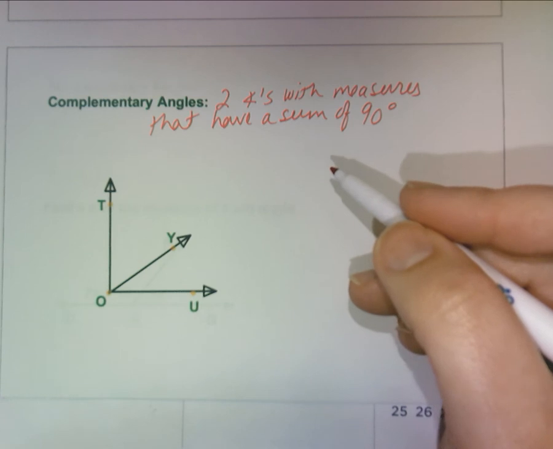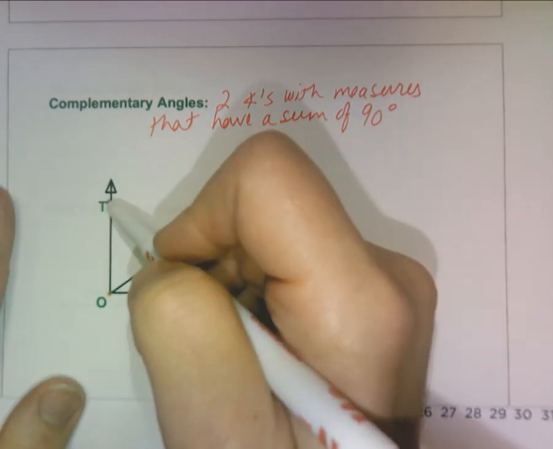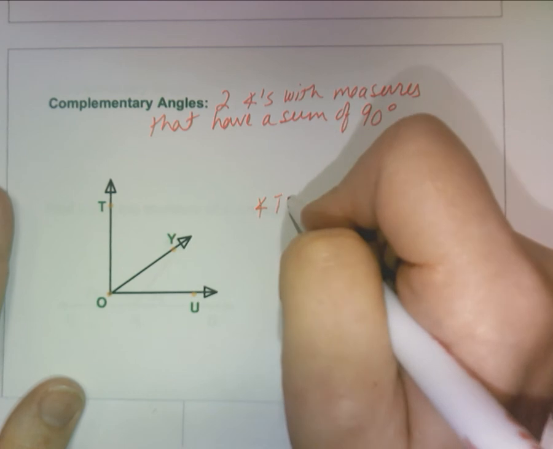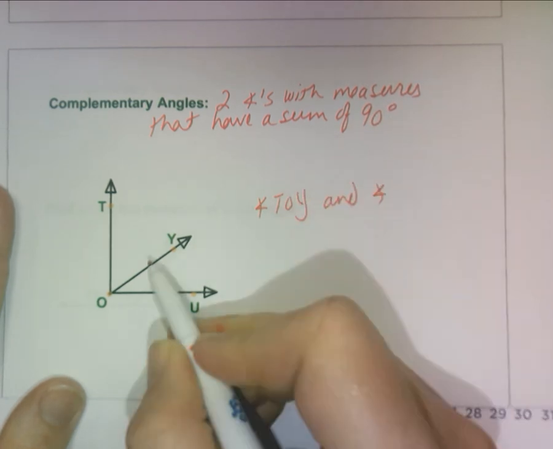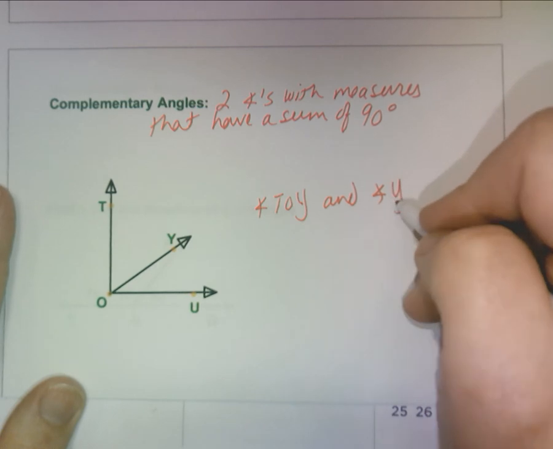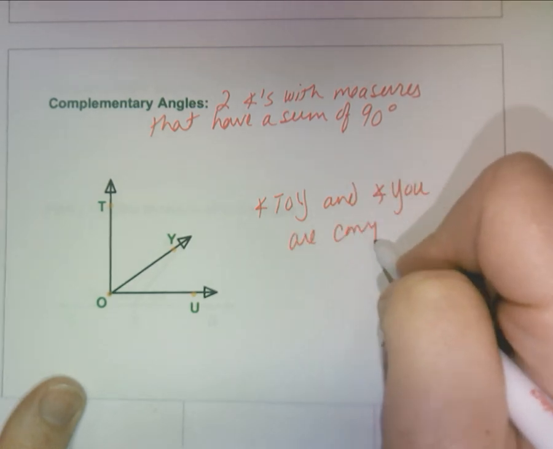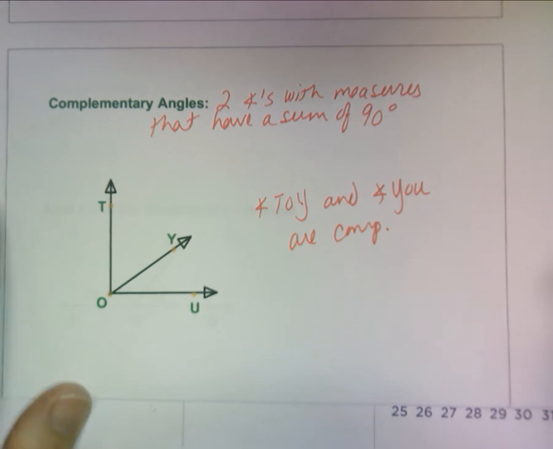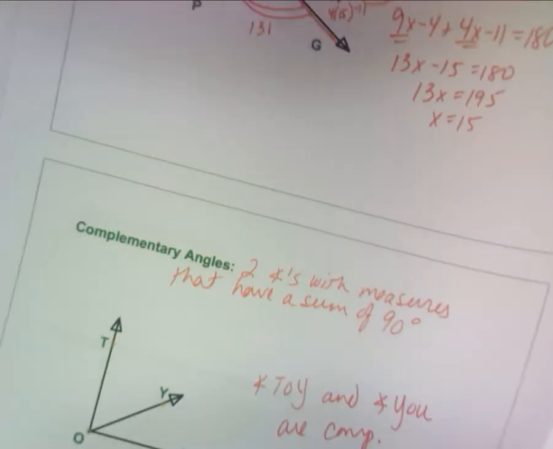In this picture, they are adjacent, but they're not always going to be adjacent. But angle TOY and angle U are complementary. Let's do an example of that.